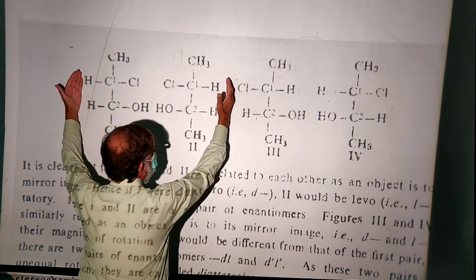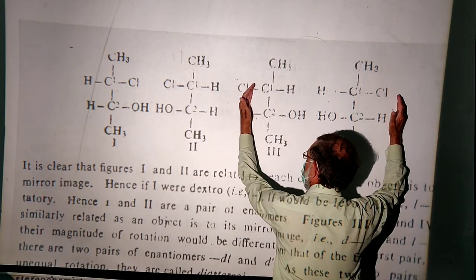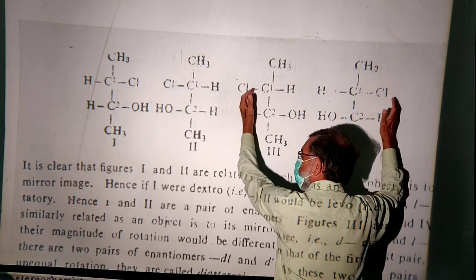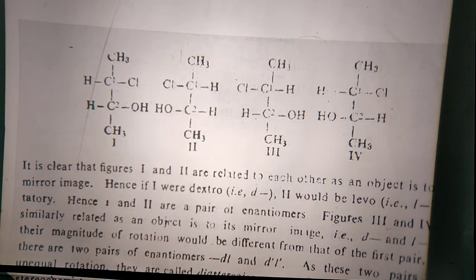One pair and another pair. So now you can see this compound has provided you two pairs of enantiomers. Previously, lactic acid containing a single carbon atom provided you only one enantiomer pair.